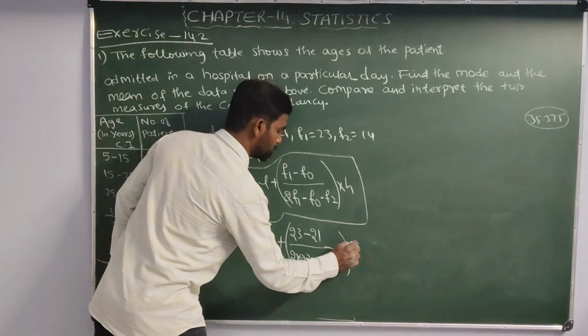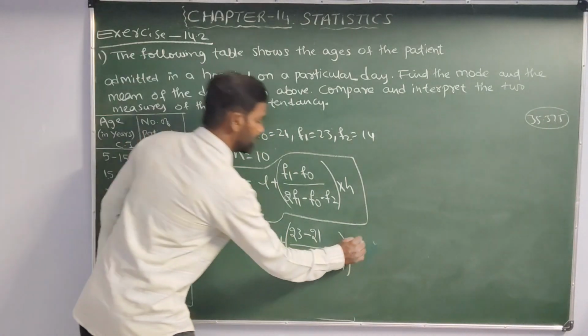Write all these values in the bracket, into H value, which is 10.